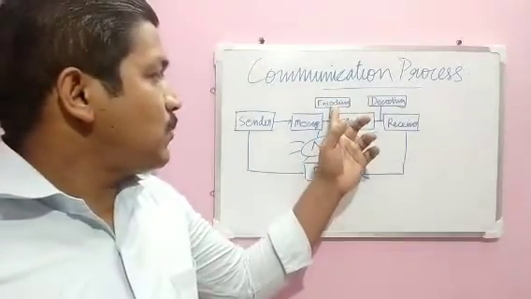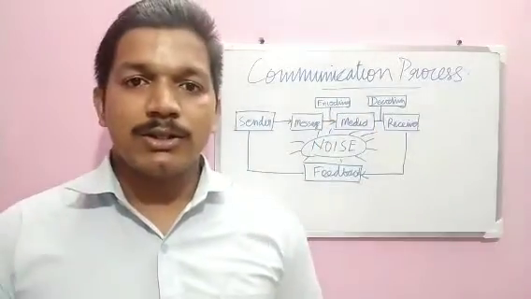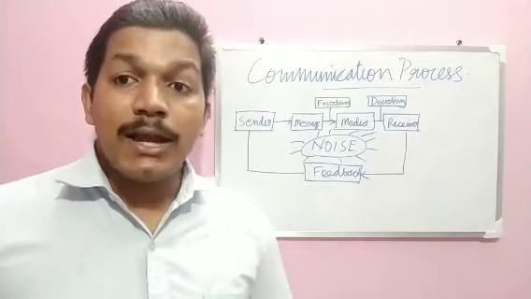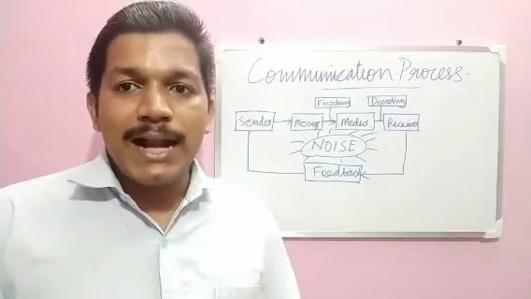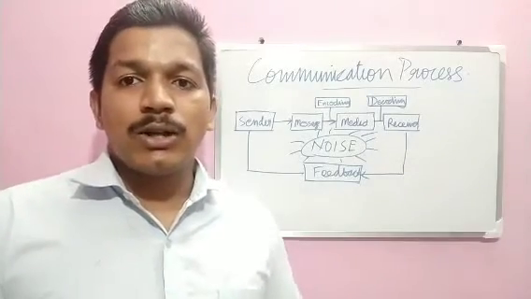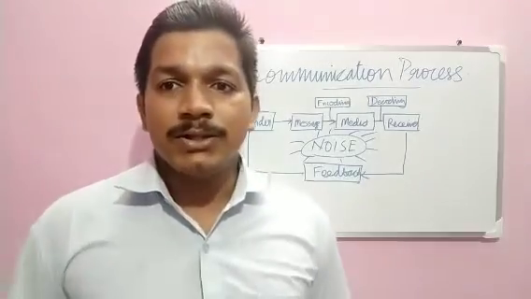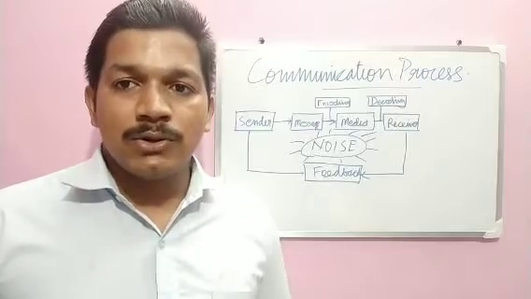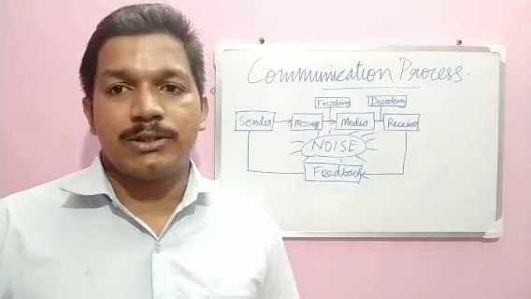The next step in the communication process is called encoding. Encoding is the process of transferring the message or the idea into words or symbols. For example, today when I am taking a class, the encoding method is the English language.